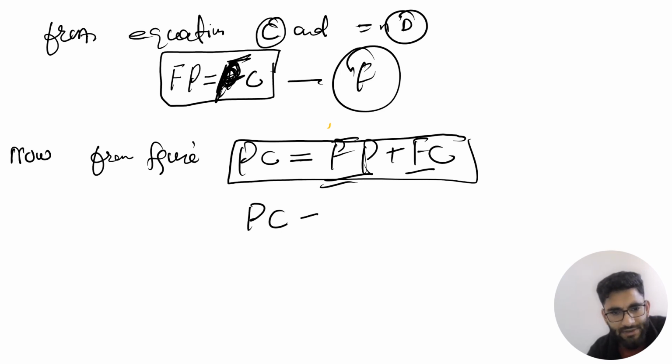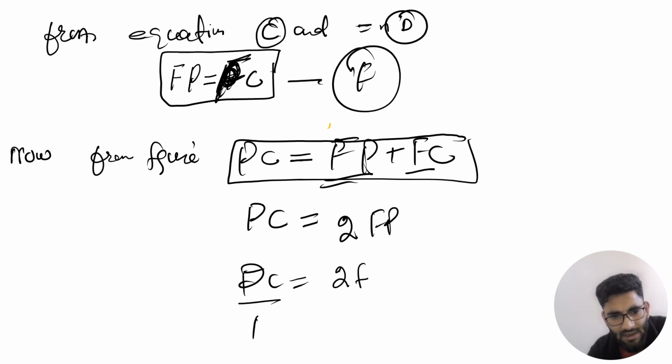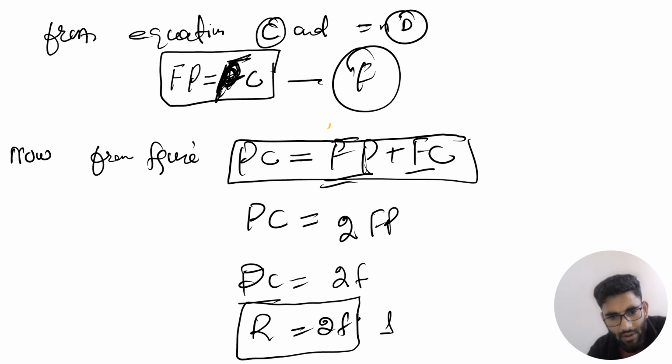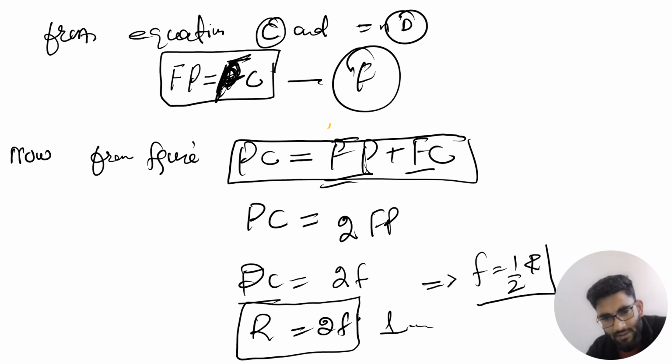So PC will be equal to 2 times FP, which means PC equals 2 times F, and PC is R. So R equals 2 times F. This is the proof for R equals 2 times F, or in other words F equals 1 half of R.